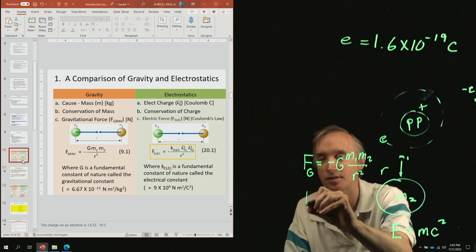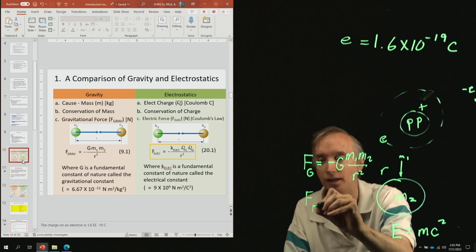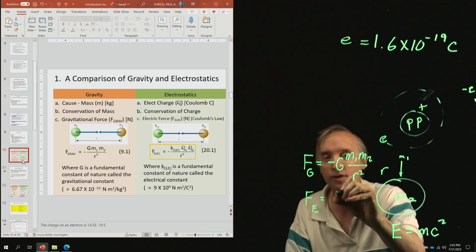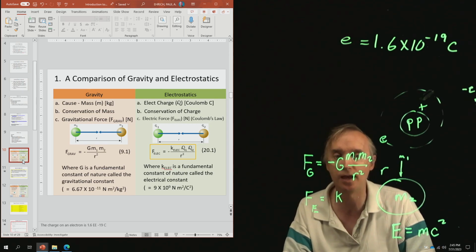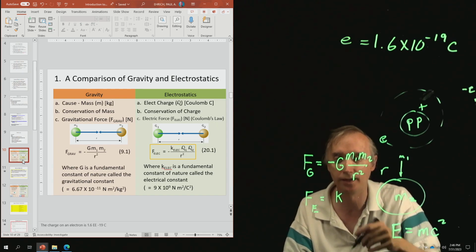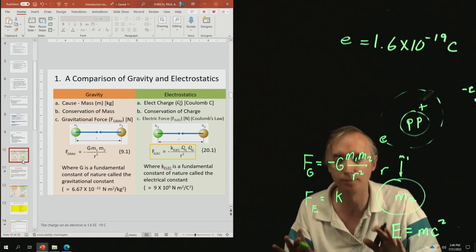So let's compare that to the electrical force. So this time the force of electricity is going to be equal to a fundamental constant, which we say is going to be K, and this one's called the electrical constant, and I give it to you there, but don't worry about it, okay?